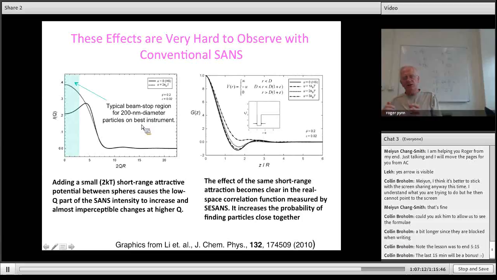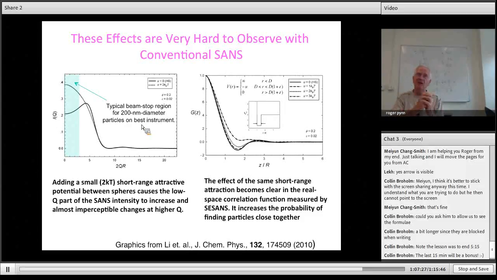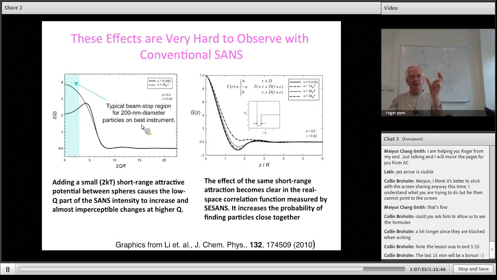The same thing is true of classical traditional spin echo. Normally you measure S of Q and omega in omega space, in energy space if you like, but in traditional spin echo you measure I of Q and t, the intermediate scattering function, which is a function of time. So you have these two Fourier variables, energy and time, and sometimes you can see things in one which you can't see in the other.